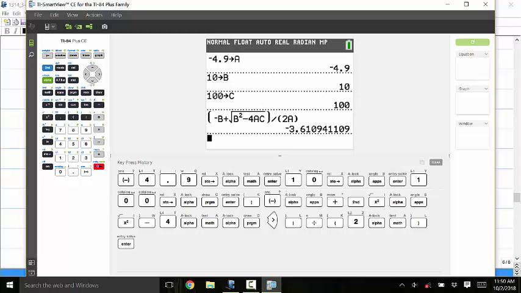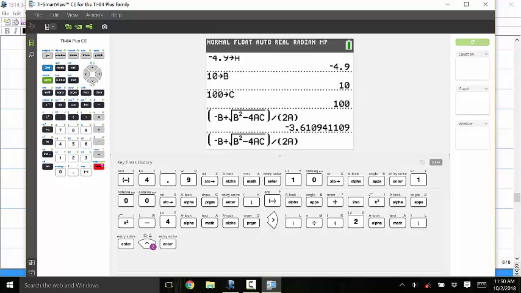What's the other one? It's the same thing except you have negative B minus the square root.